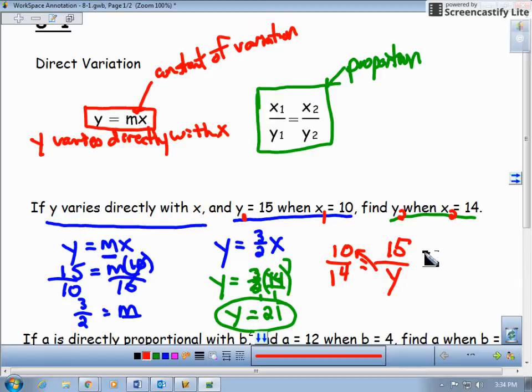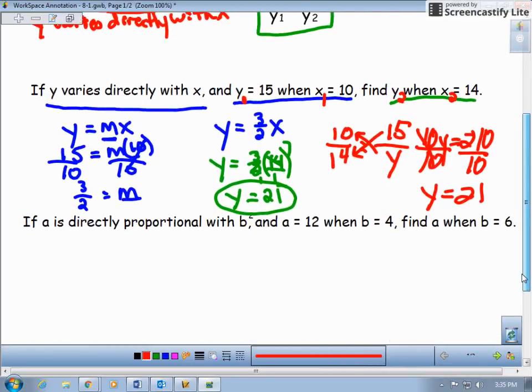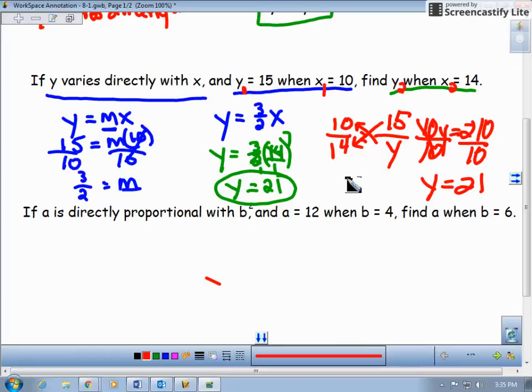So 10 times y is 10y, and 15 times 14 is 210, and I divide both sides by 10, so I get y is 21. And guys, as long as you're consistent in this proportion, x and y, first x, second x, first y, second y, you'll be just fine.